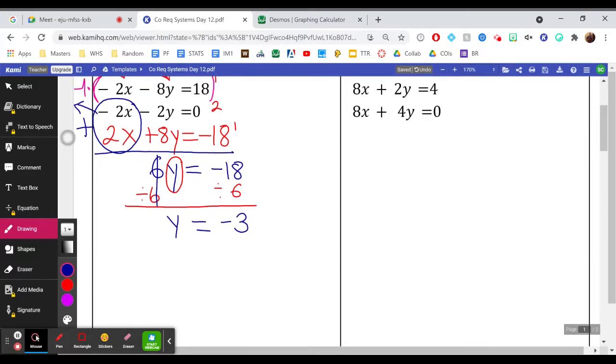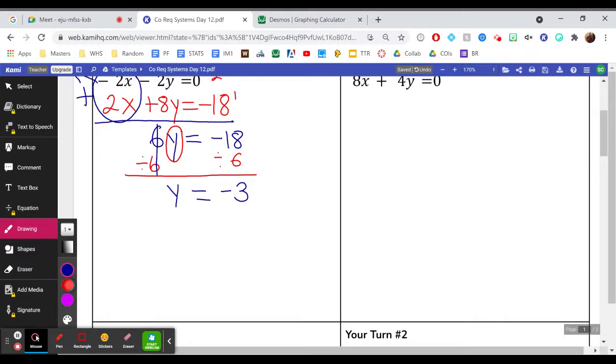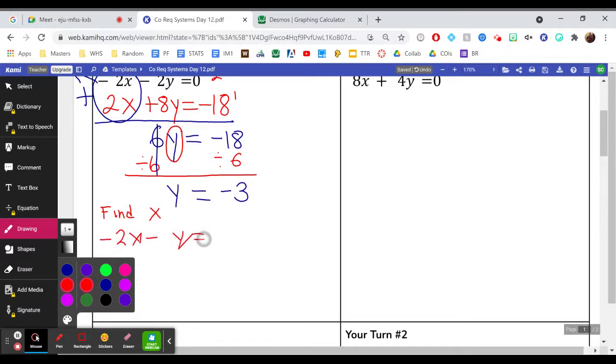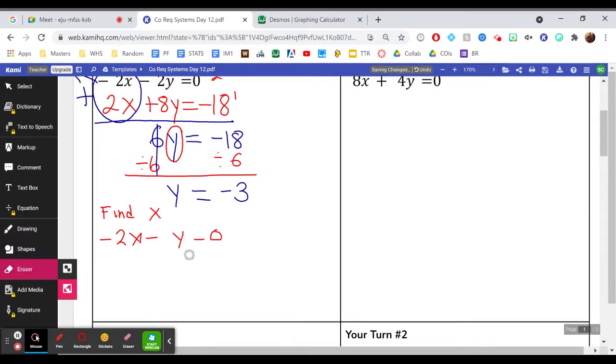Now we need to find what the value of x is. I'm going to solve for x. I'm going to use my second equation, which is -2x minus 2y is equal to 0. Instead of writing y, I'm going to put -3.